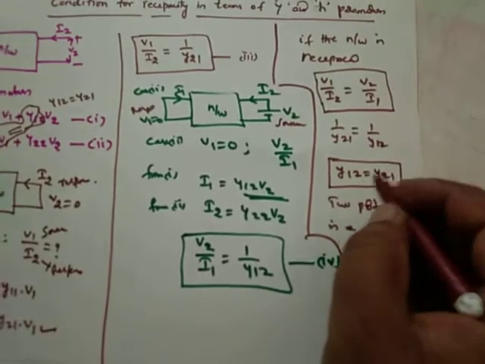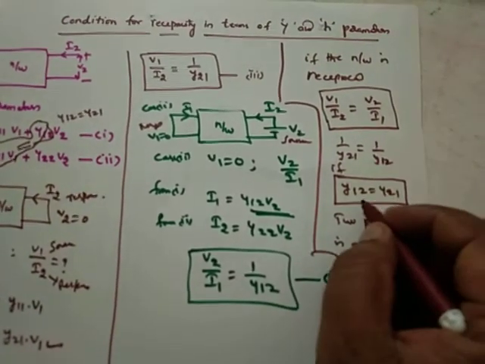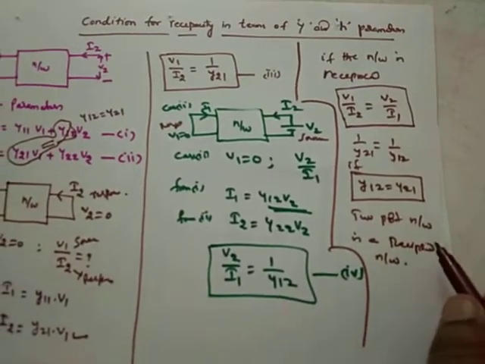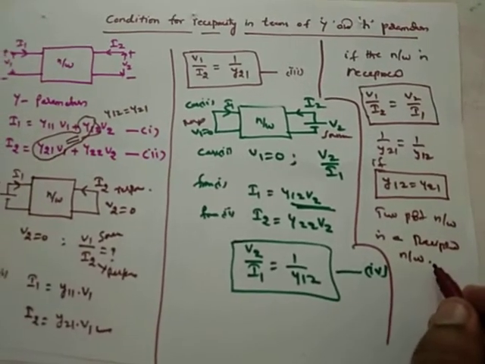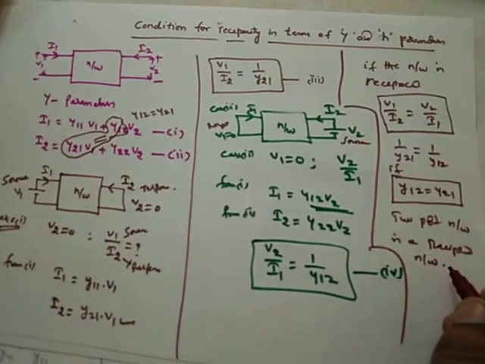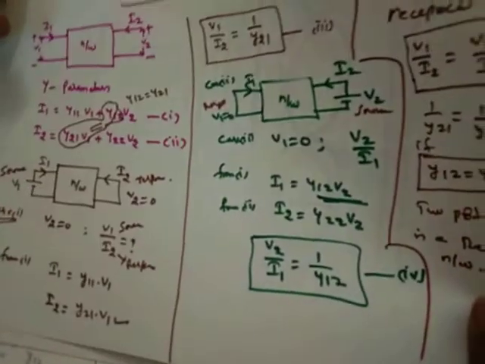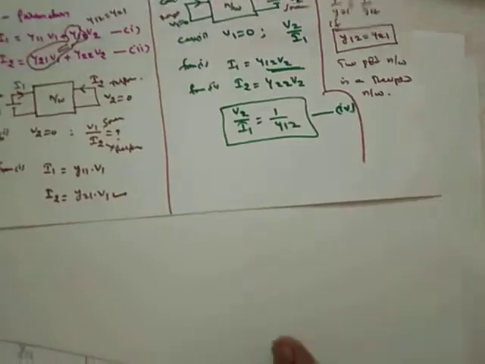So finally, if y12 is equal to y21, then only we can say that the given two-port network is a reciprocal network in terms of y parameters. Now we see the same condition in terms of h parameters.